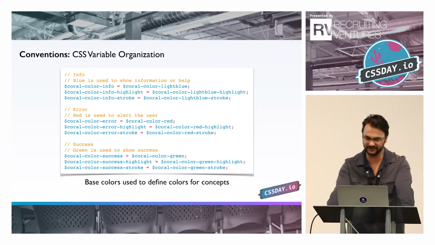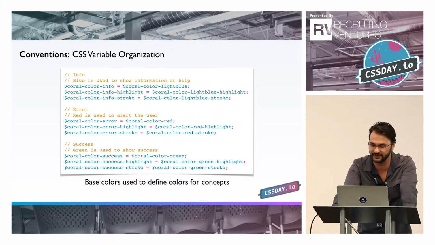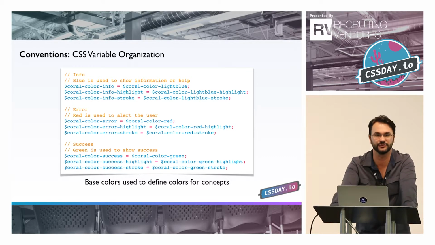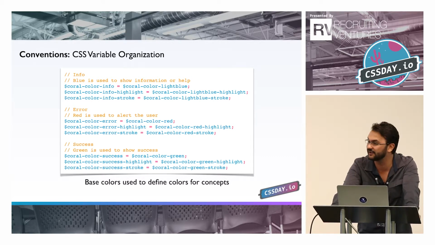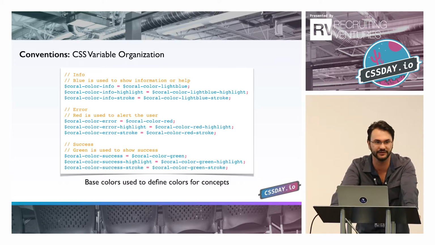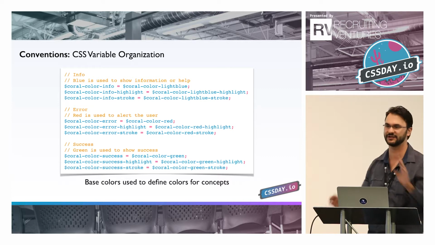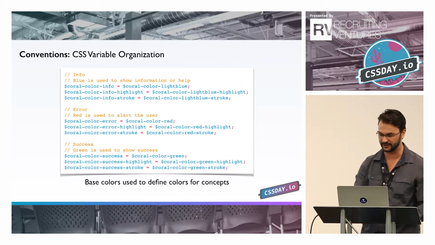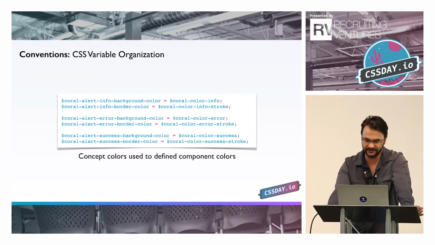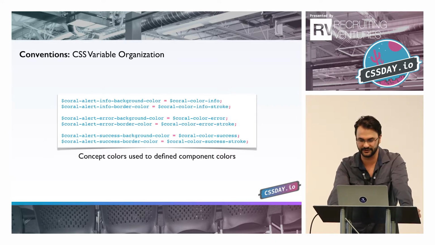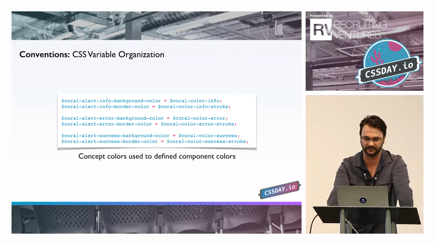So this lets us change the color for the concept of an error to, say, orange or yellow across the entire library without having to edit the style sheets of 40 different components in an error state. So this is kind of interesting. It's not just the color that's important, it's this concept that comes into play. And we then use the color variables from the concept to define the component colors for an error alert.